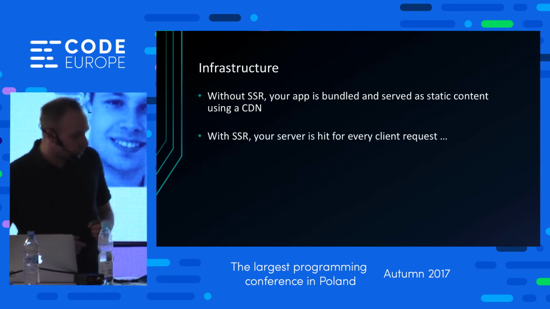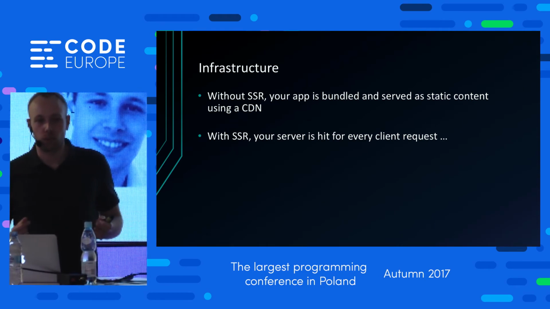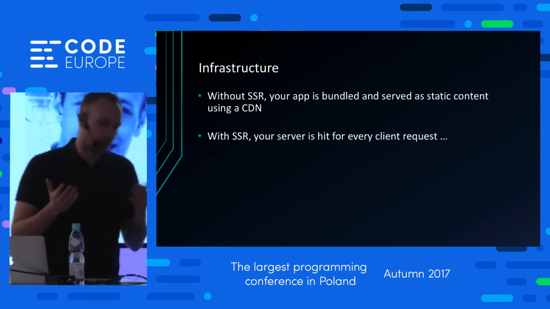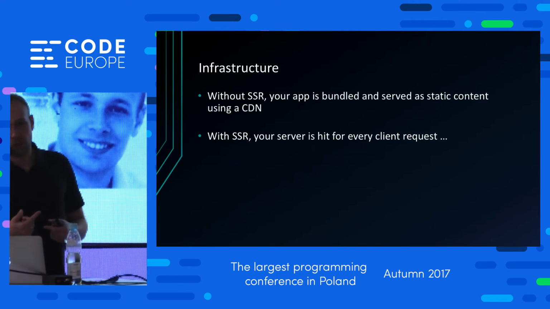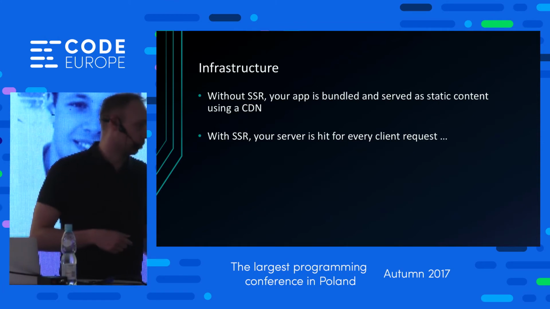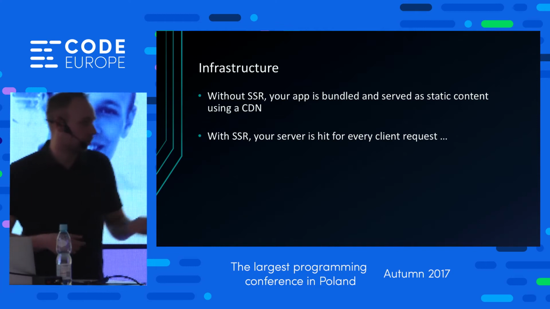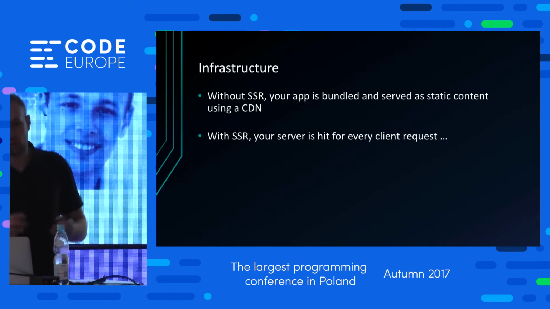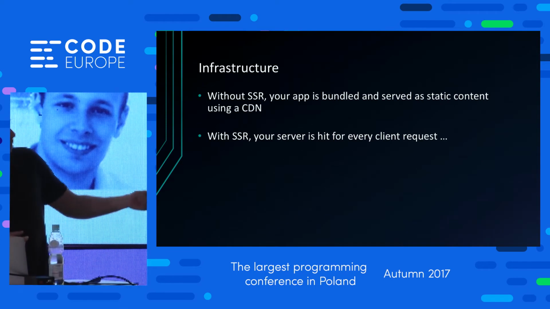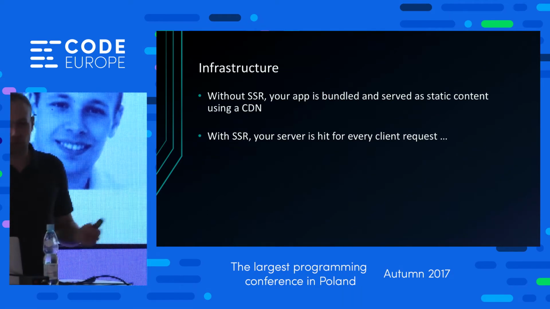Now, with server-side rendering, a CDN doesn't really work anymore, because every request goes to your server, because you need a Node or any other server to actually run the rendering, produce the index HTML, and serve it to your users. So you went from one server that is the origin for a big CDN, which just works, like Cloudflare or Netlify, whatever, to your small server being hit by all the requests of your end users.